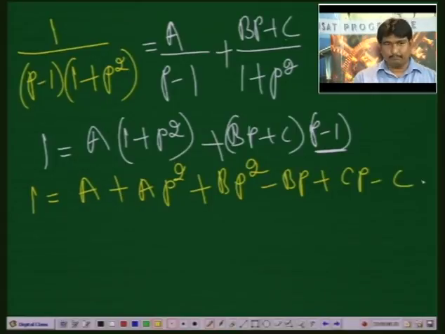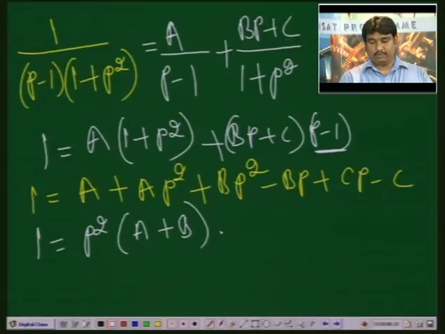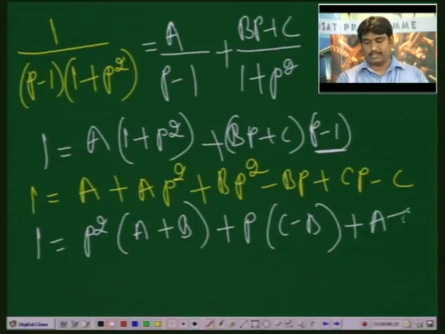Now I'll group p square terms. 1 equals p square into A plus B, minus, I'll group p terms, p is C minus B, and I'll group constant terms A minus C. Now you equate like powers of p.